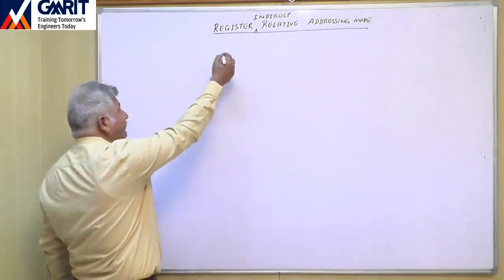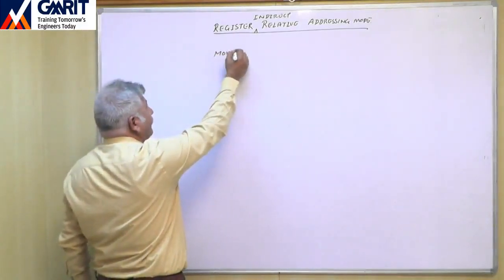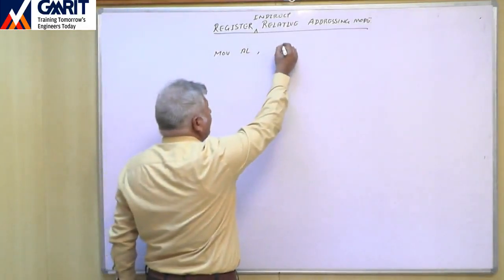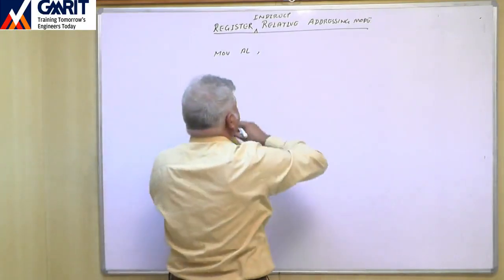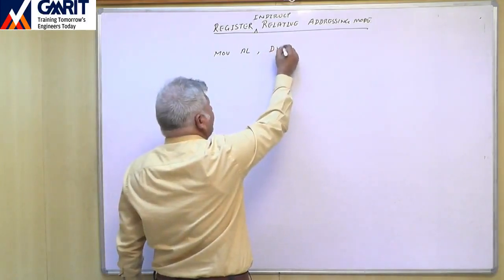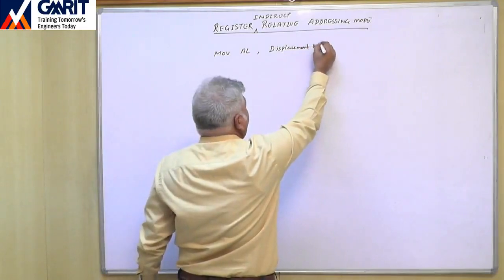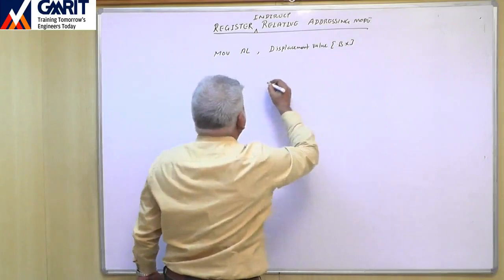For example, we will see case 1, where we take one example: MOV AL, comma, within bracket, displacement value plus DX.